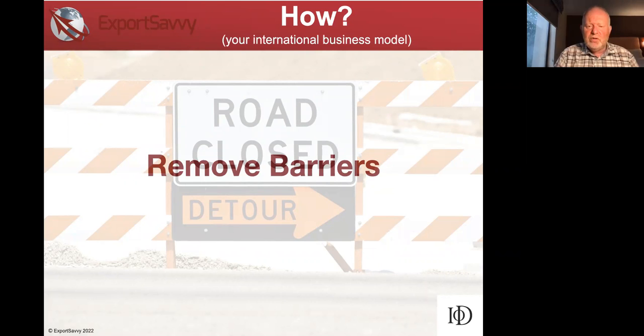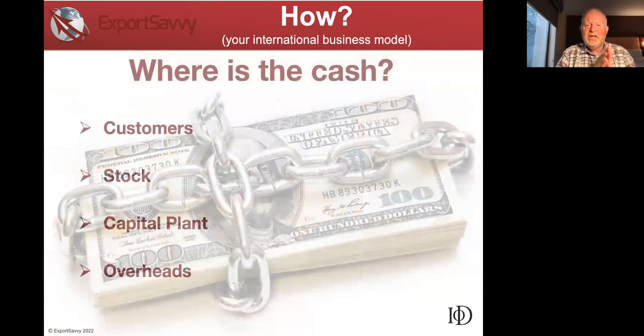And there are two things I just want to help you to think about with this. The first is that you can reinvent your business model to unlock your cash. This is something that was mentioned earlier on. So where is your cash? Well, it could be with customers, it could be with stock, it could be with capital plant, or it could be with overheads.